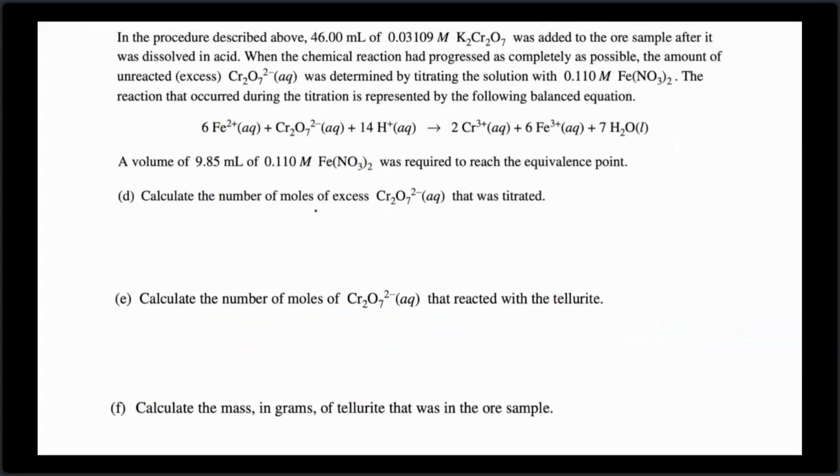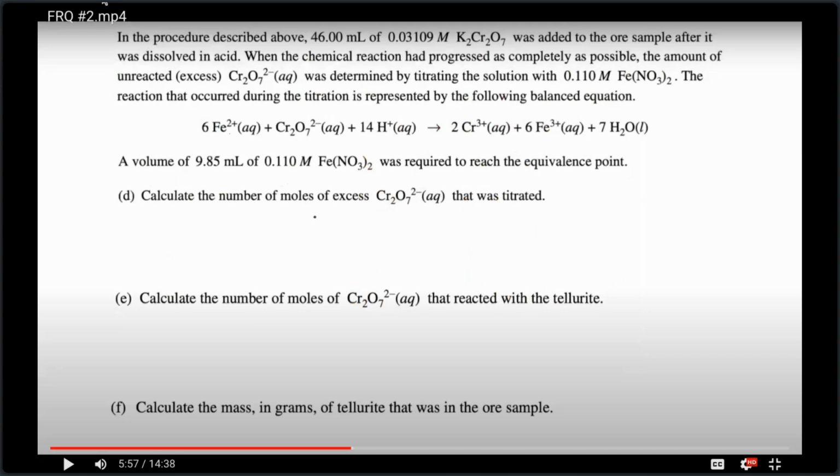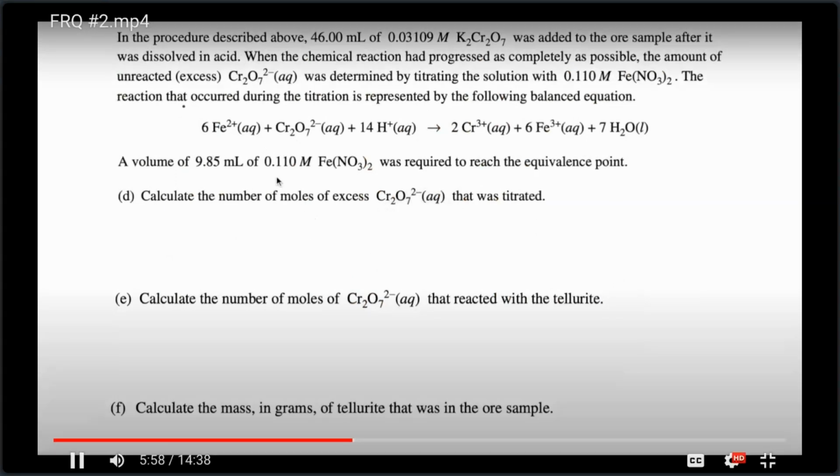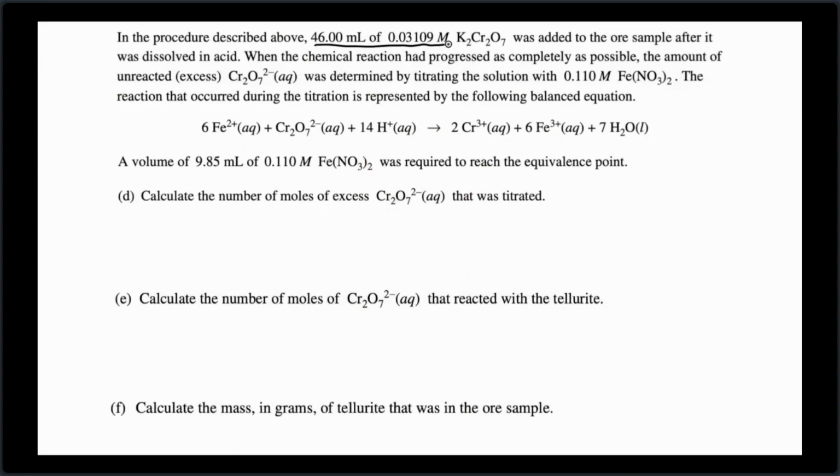Let's look at the second part of this FRQ. It states, in the procedure described above, 46 milliliters of a 0.03109 molar K2Cr2O7 was added to the ore sample after it was dissolved in acid, and so on.